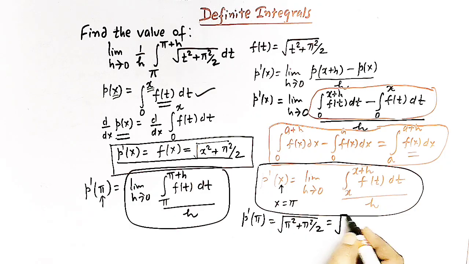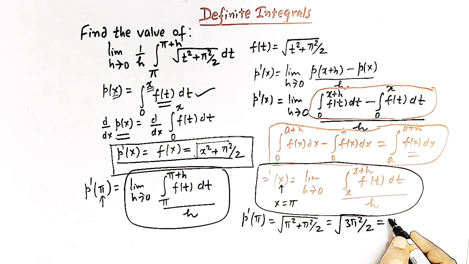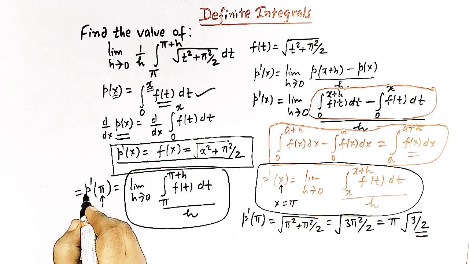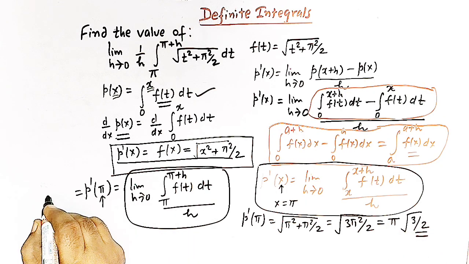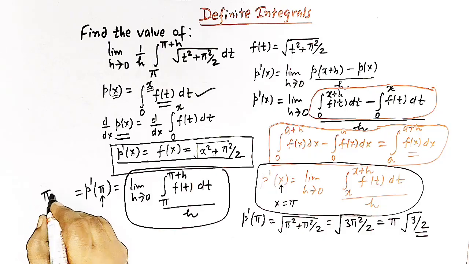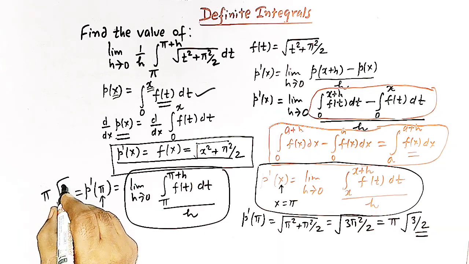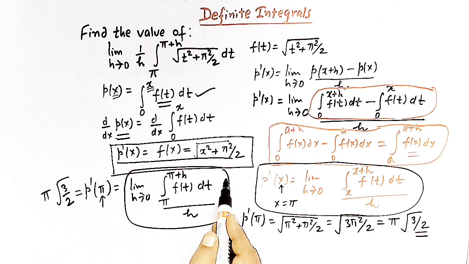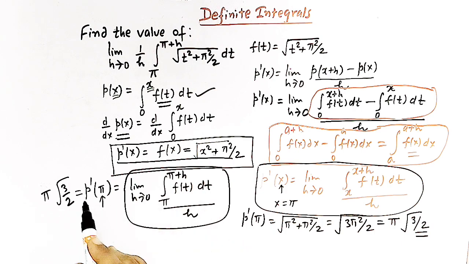So this is square root of 3 pi square over 2, that is equal to pi times square root of 3 over 2, right? So here p prime of pi is now equal to pi multiplied with square root of 3 by 2, and the value of this expression is equal to p prime of pi, and p prime of pi is pi times square root of 3 over 2.